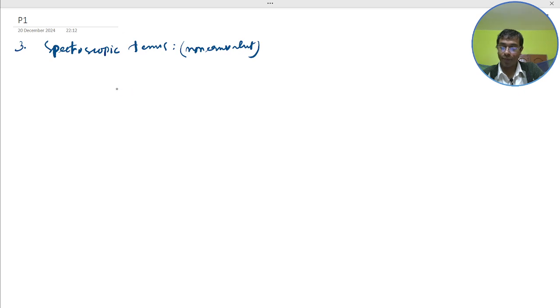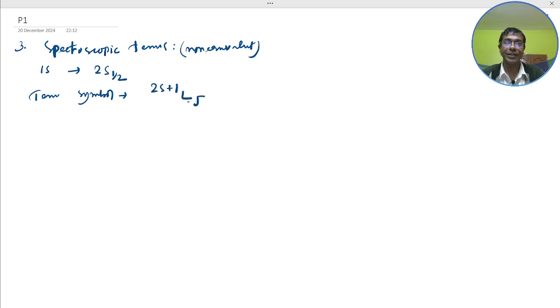The atom with one optical electron, S equal to half, the term symbol is 2S plus 1 multiplicity, L subscript J. This is the term symbol.